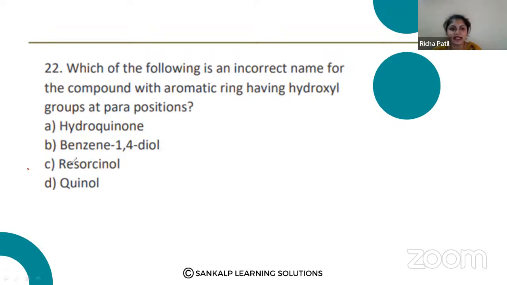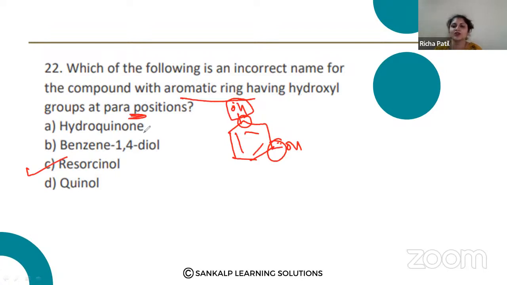Yes, C is the correct answer. Resorcinol is not at para position. The OH and OH groups are at meta position with respect to each other. So resorcinol is not the name of the aromatic ring having hydroxy groups at para position.